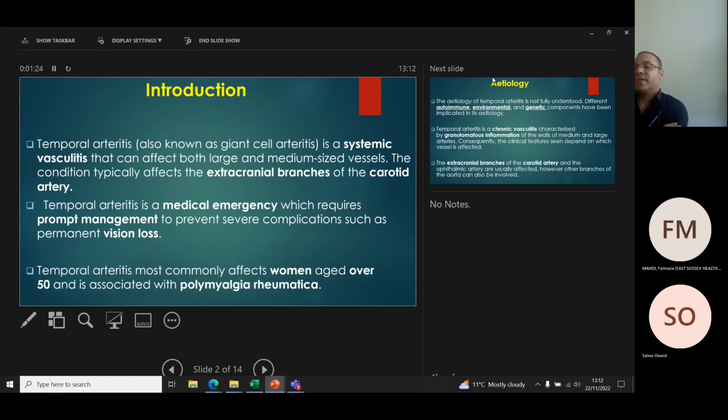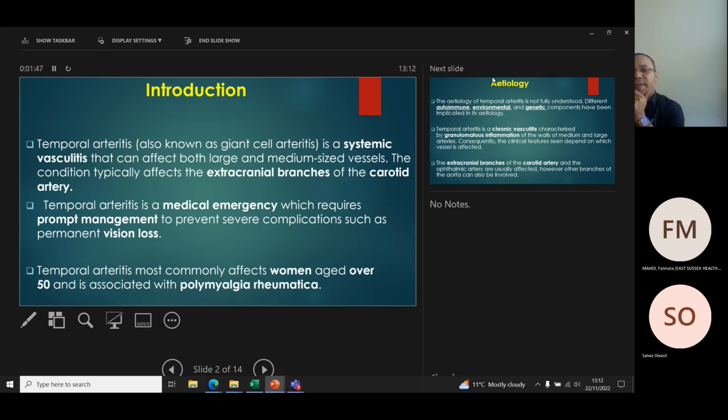So temporal arthritis or giant cell arthritis is a vision or eyesight threatening condition. If it is not diagnosed and not given the treatment properly in the proper time, it may lead to visual loss. That's why you have to lower your threshold for a diagnosis of giant cell arthritis.